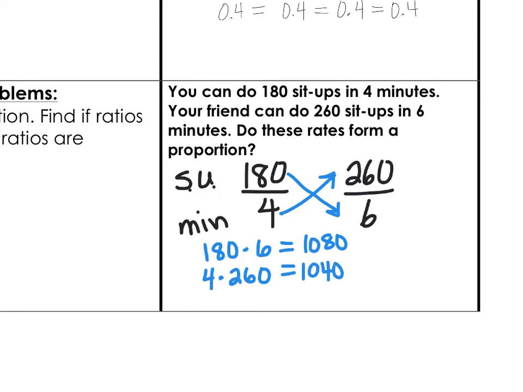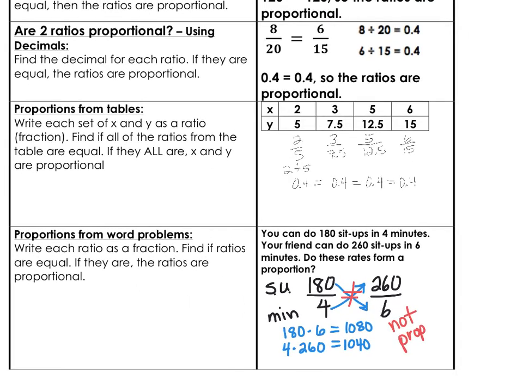They are not equal to each other. If you want to use the symbol, these are not equal. That's like you have a cross through an equal sign. They're not equal, so not proportional. Okay, let's move on to the next page.